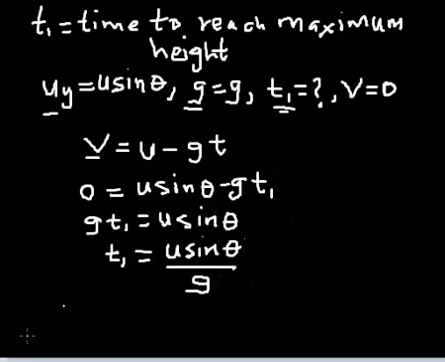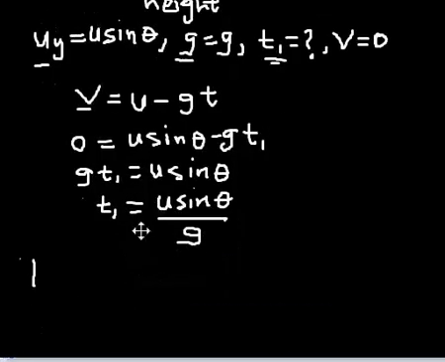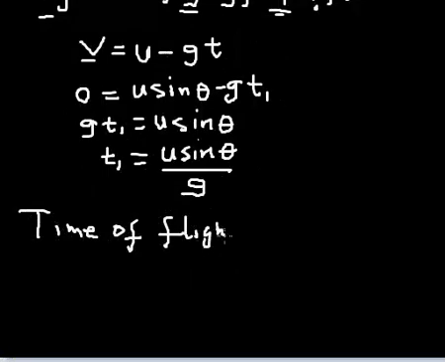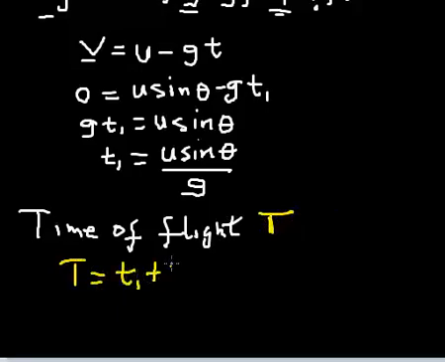So remember the time of flight, which of course is the whole idea, is for us to get the time of flight, which of course is capital letter T, is going to be equal to T1 plus T2, right?